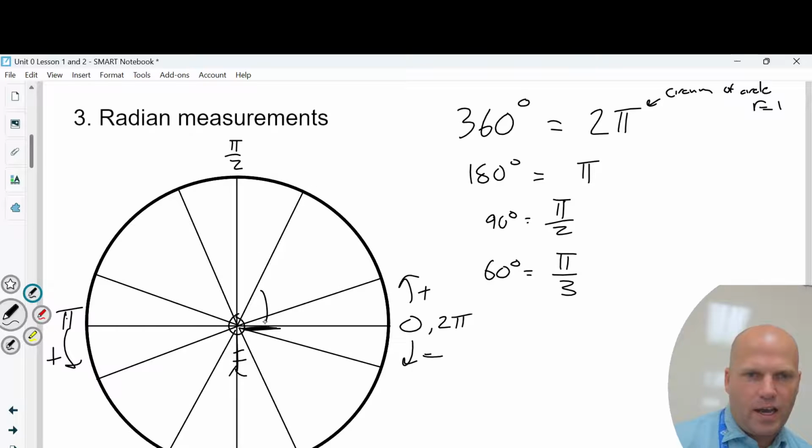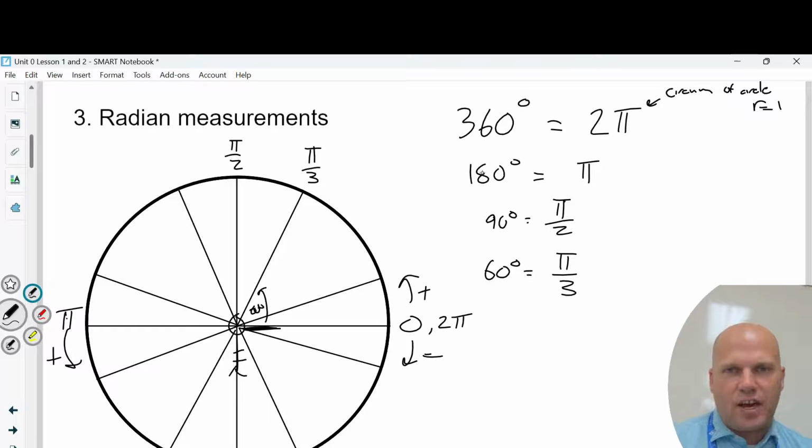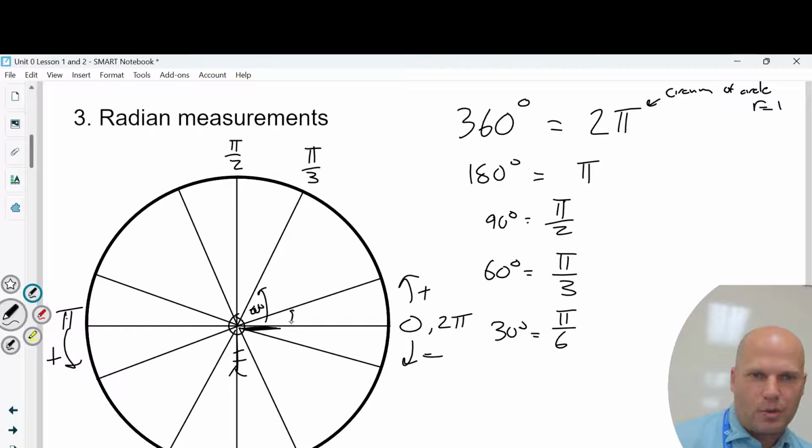So if I go up, what we are familiar with as 60 degrees, we say that is equivalent to pi over 3 radians. And let's take 180 and divide it by 6. 180 divided by 6 is 30. Pi divided by 6 is pi over 6. So if I go up less, if I go up 30 degrees, we get pi over 6.